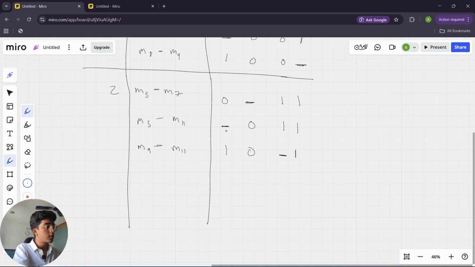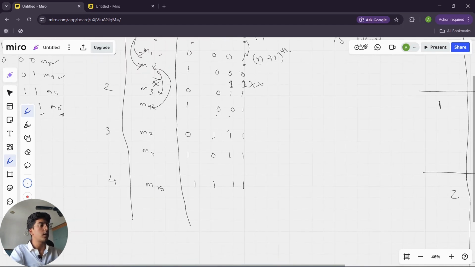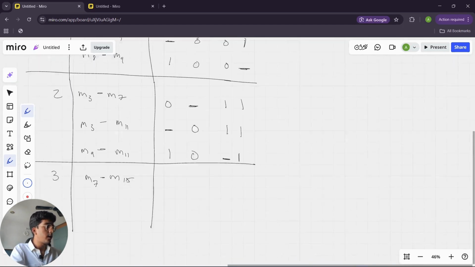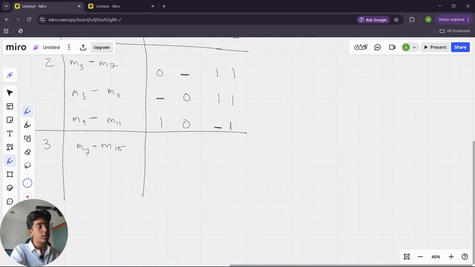And finally the third group, we have M7 and M15. Last three variables are the same. First one is changing. So M7 and M15, they are mixed terms.